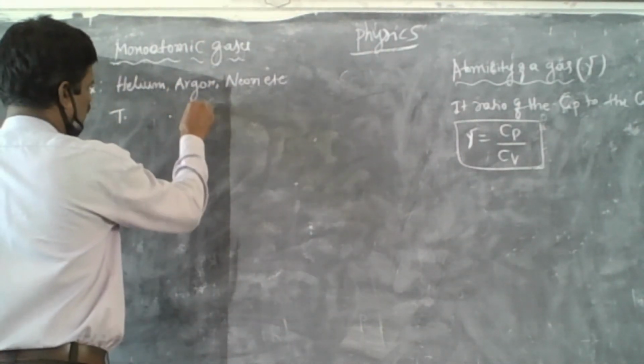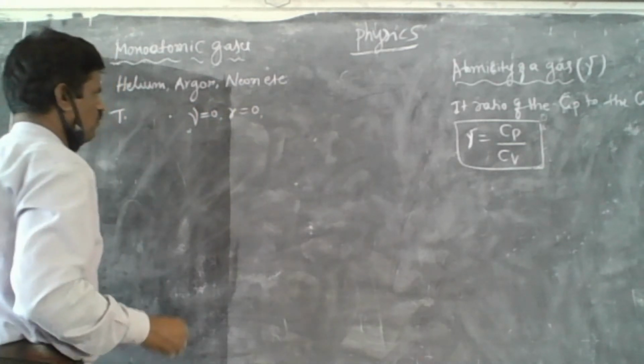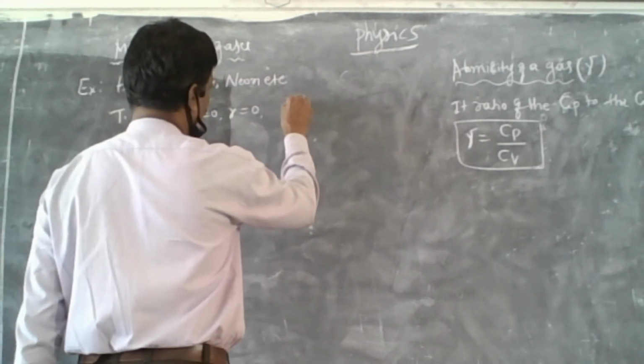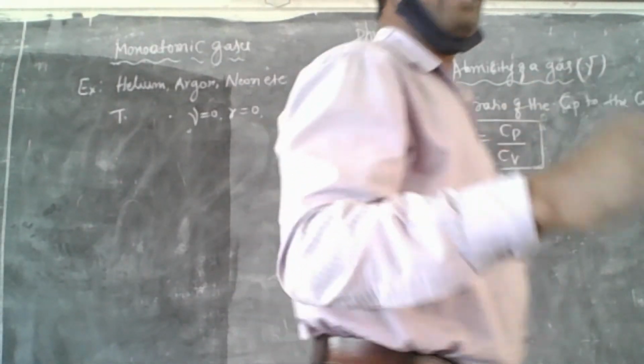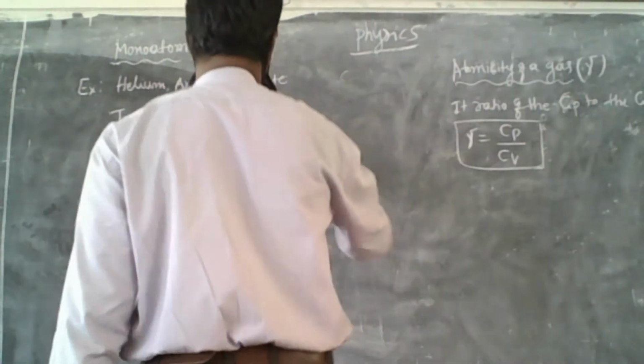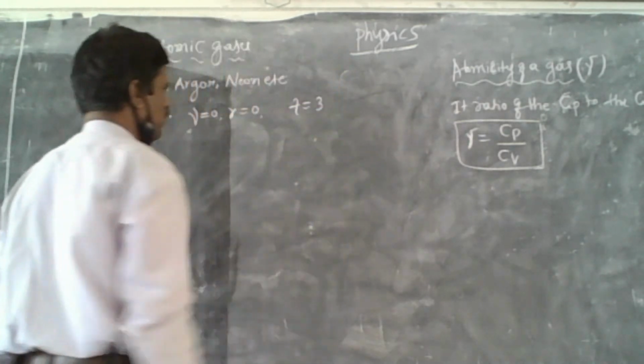Therefore, nu equals 0 and r equals 0. Therefore, it has only 3 degrees of freedom, due to translational motion of the molecules. F equals 3. Only 3.